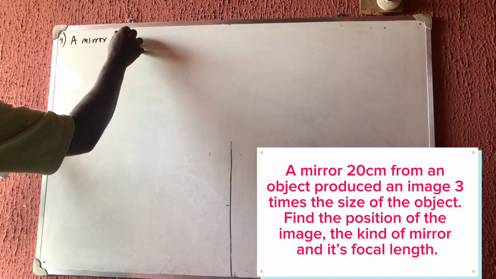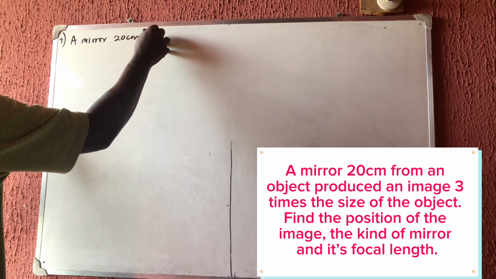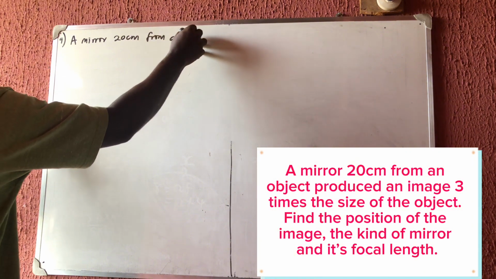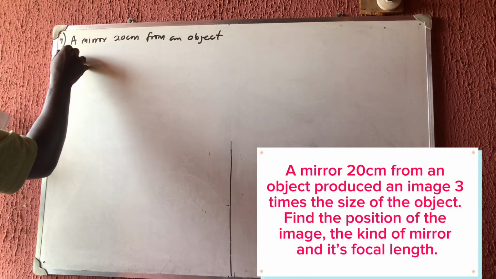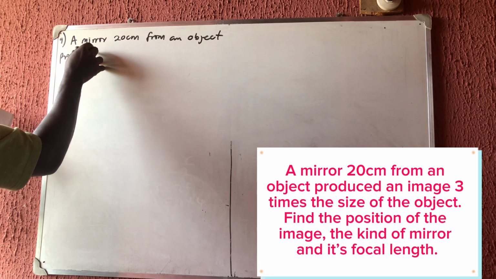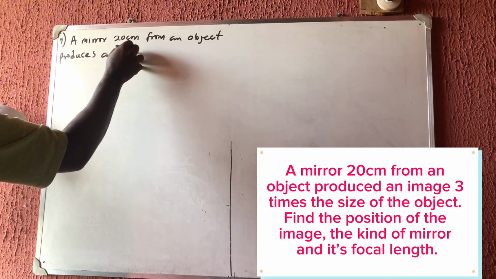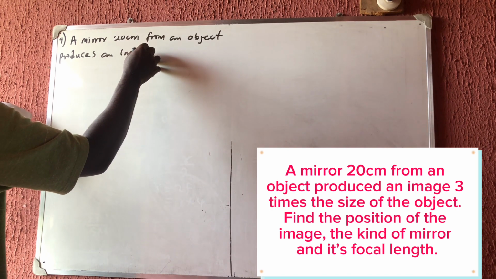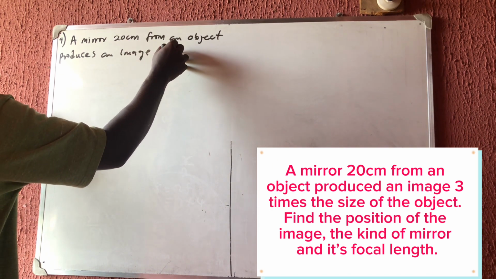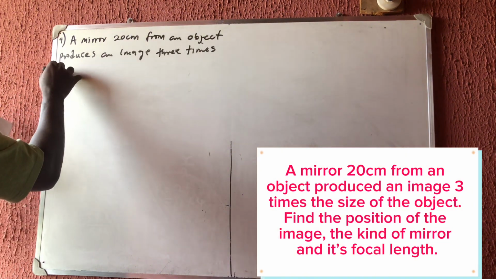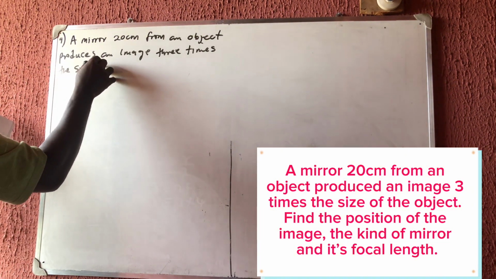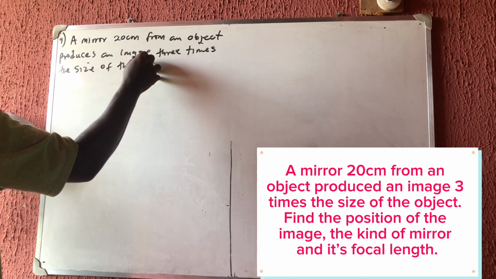a mirror 20 cm from an object produces an image 3 times the size of the object.